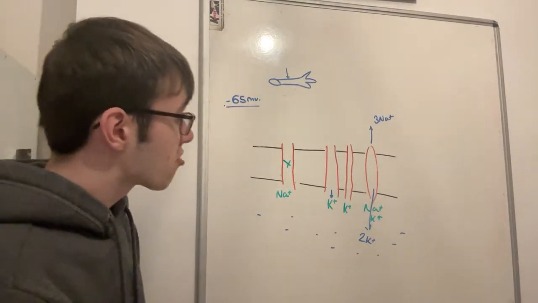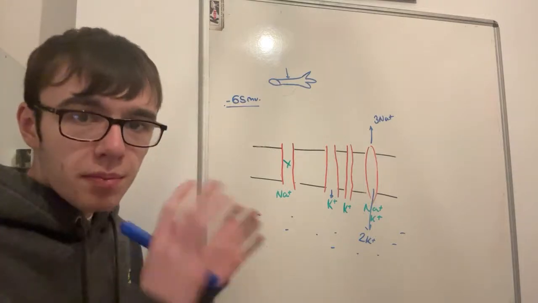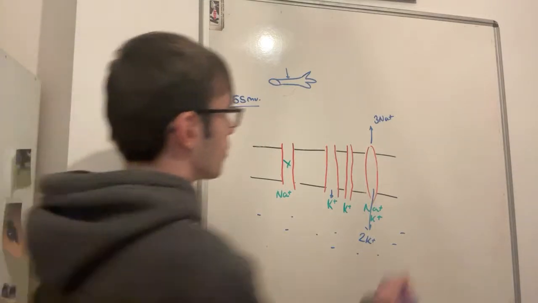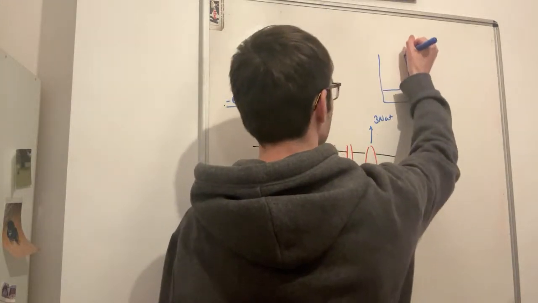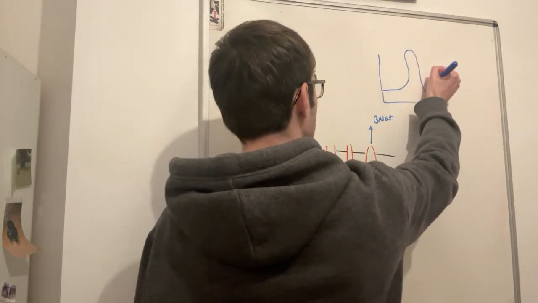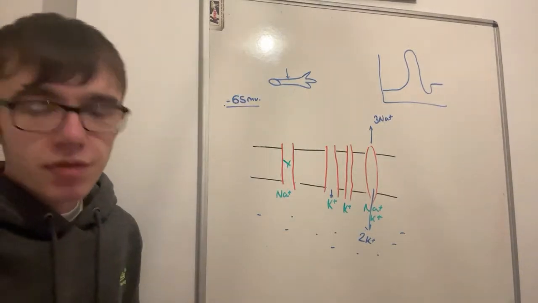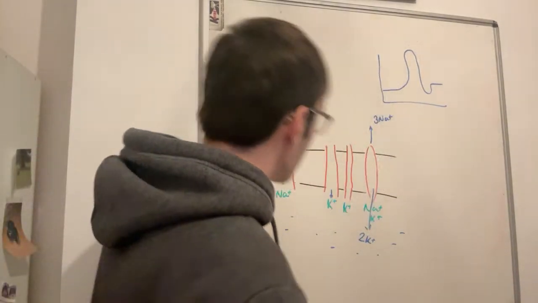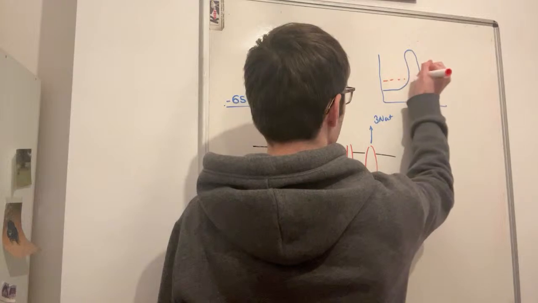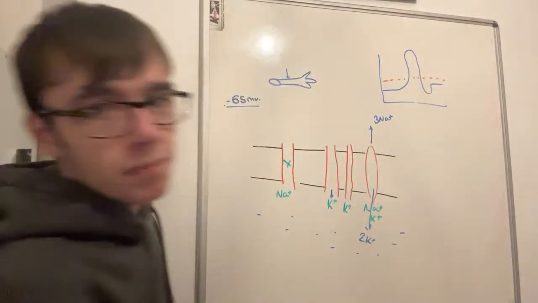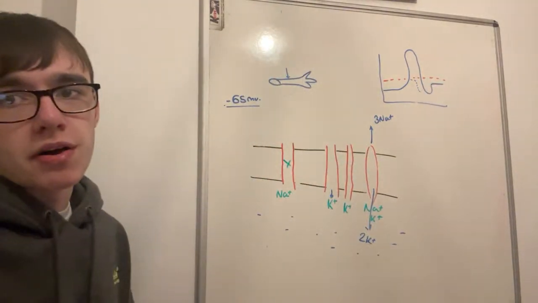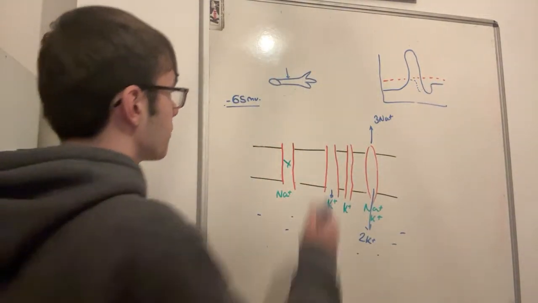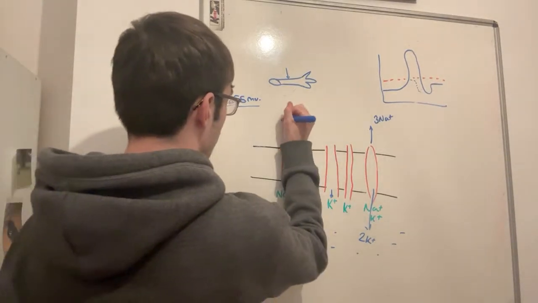Okay, so when a stimulus occurs, we can draw a little graph here to demonstrate this. That is the action potential. So when a stimulus occurs, some of the sodium ion channels are going to open.